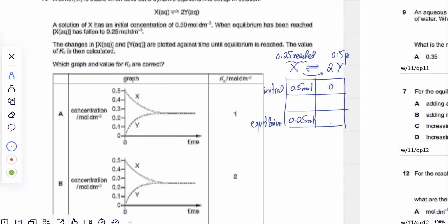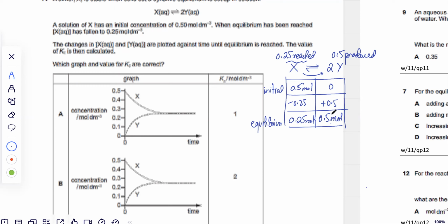So 0.5 moles would be produced. Initially you had no moles of y, but now 0.5 got produced. So how many moles do you have at equilibrium? You have exactly 0.5 moles per dm cube.